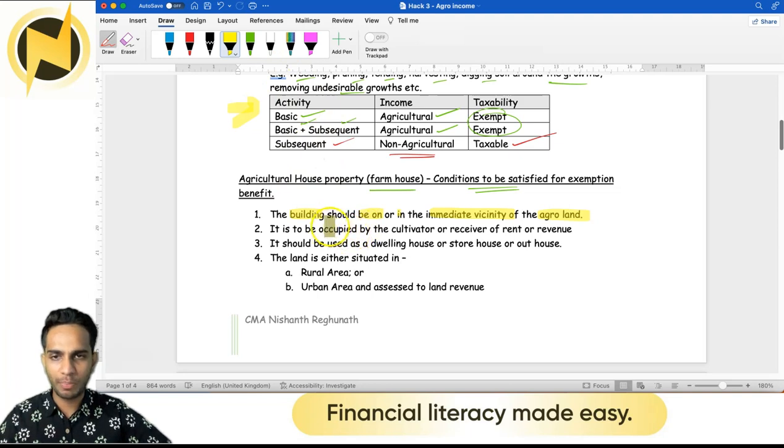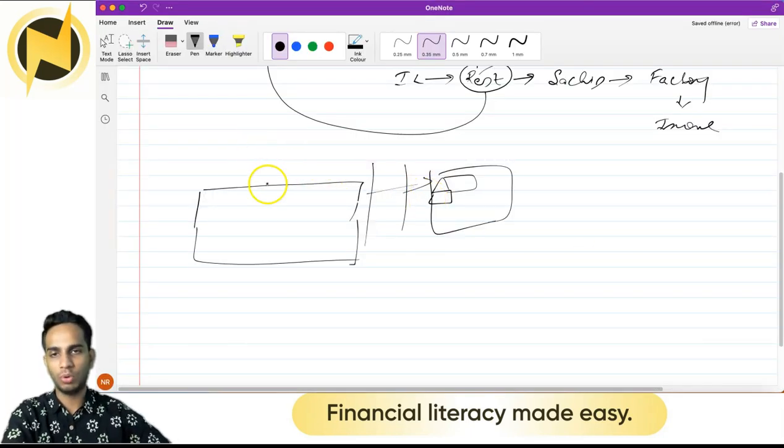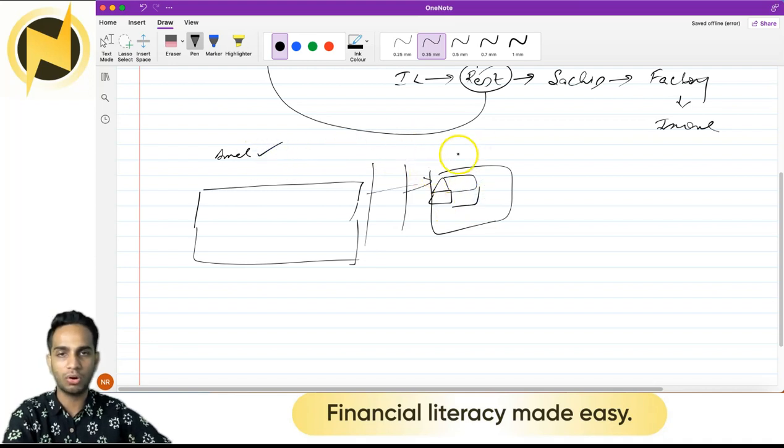Point number 2. It is to be occupied by the cultivator or receiver of rent or revenue. Say I am the owner of this land and I've given it to Mr. Amal. Either Mr. Amal should occupy it, or I myself should occupy it.